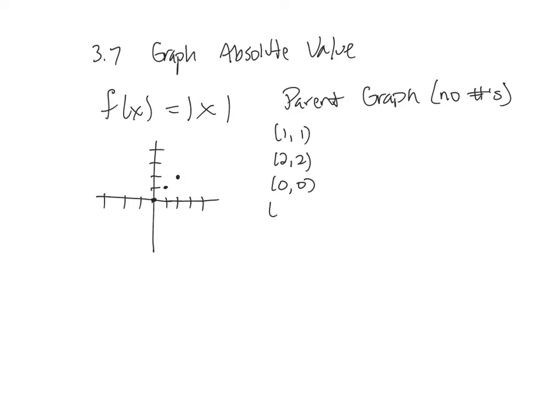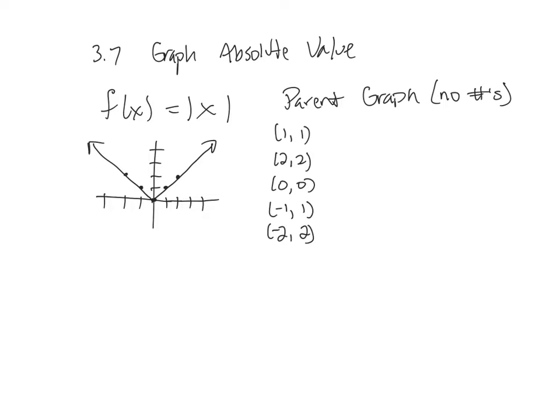If I plugged in negative 1, the absolute value would make it positive 1. If I plugged in negative 2, the absolute value would make it positive 2. And so what we end up with is a V. Okay, so that is the parent graph.